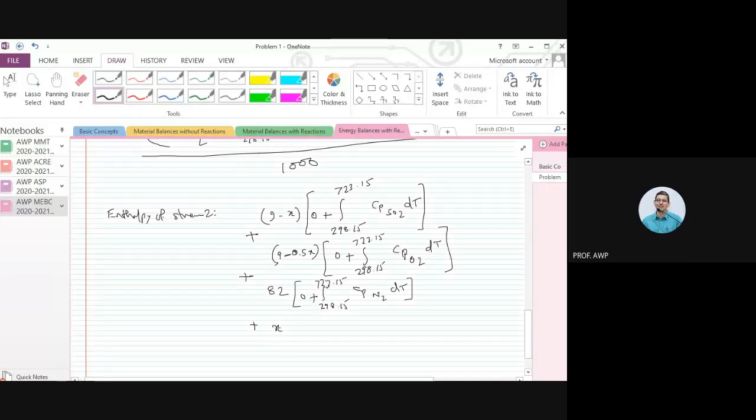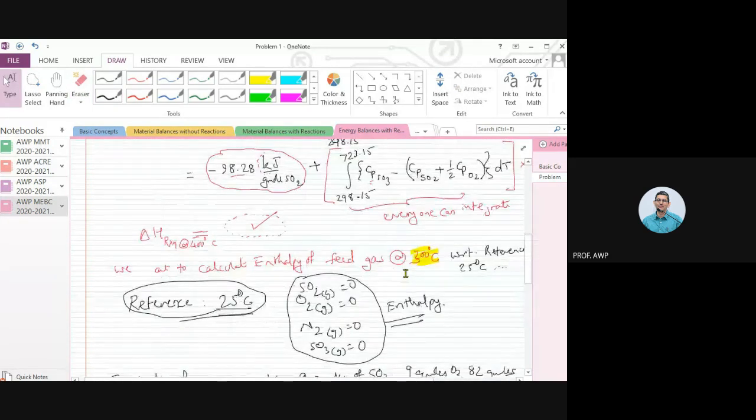Where did sulfur trioxide go? We have calculated SO2, but where did you calculate SO3? So the enthalpy of reaction at 450 degrees. Okay, but stream 2 has SO3 also.